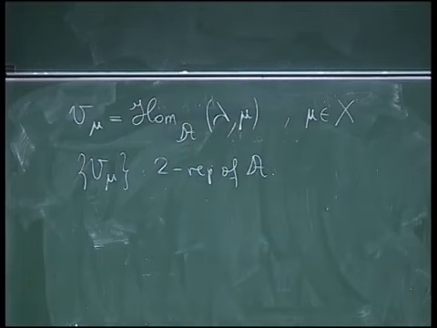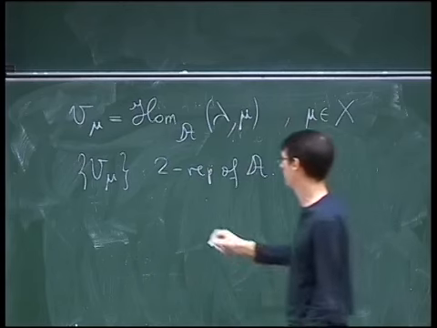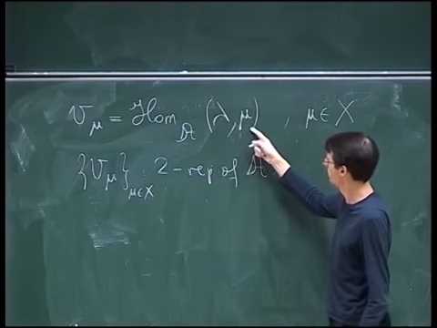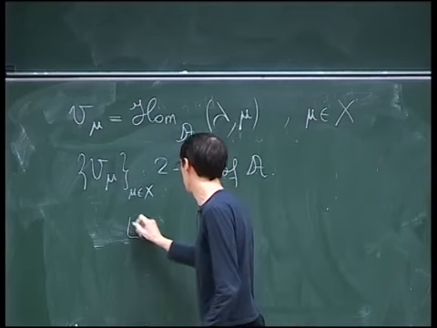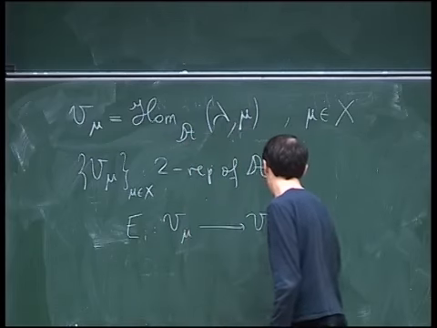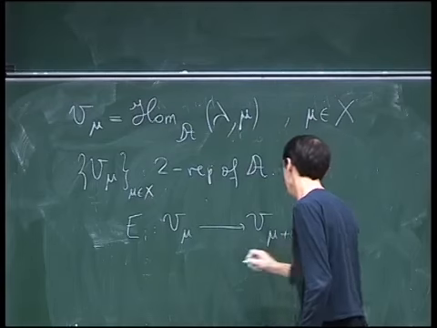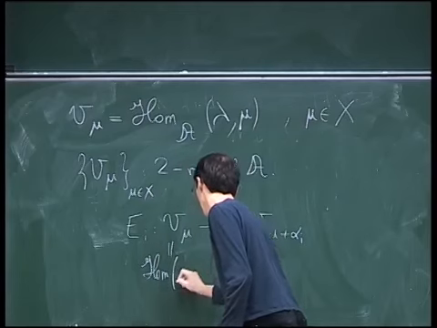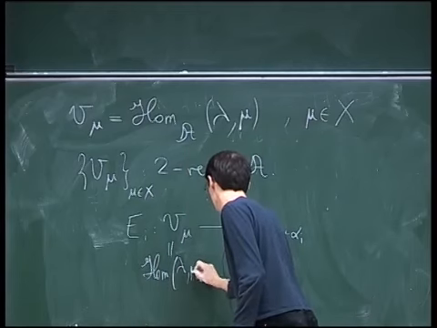So, we have the decomposition, and now we need to give functors. That's a category, and so we need to define an E_i from V mu to V mu plus alpha i. So V mu is the category lambda mu.